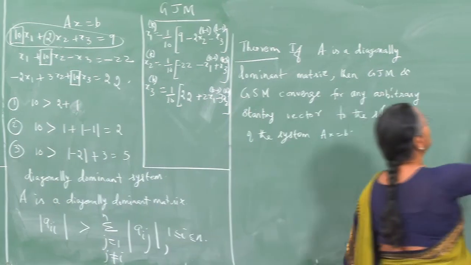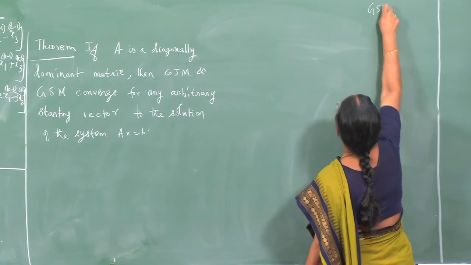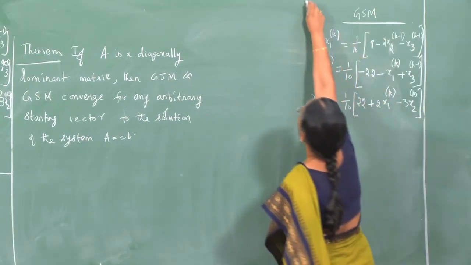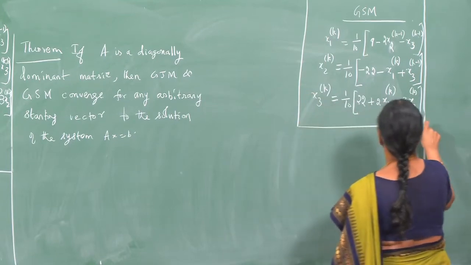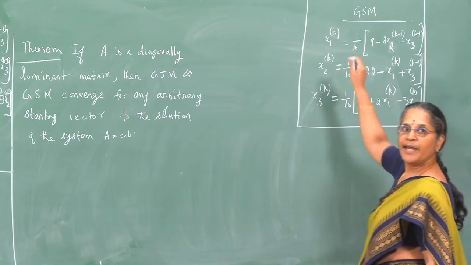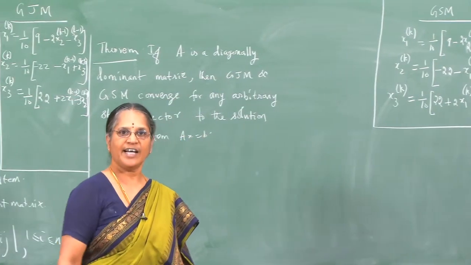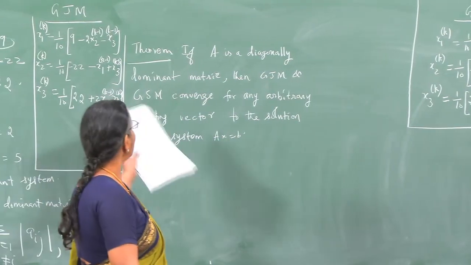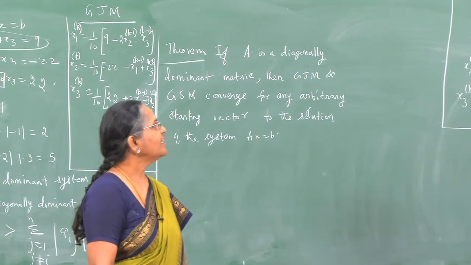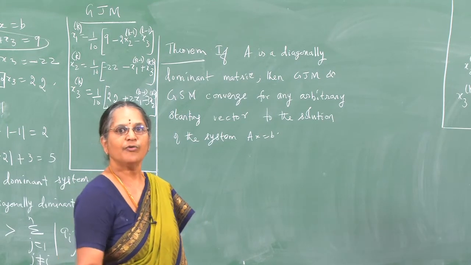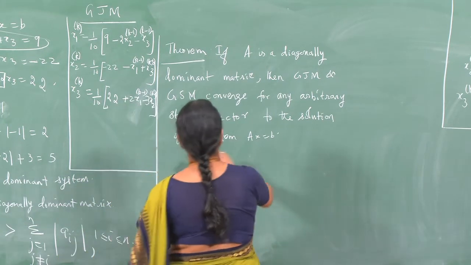What is it for Gauss-Seidel method? So, let us write out the details. This will be the iterative procedure that I will use when I make use of Gauss-Seidel method to generate the successive iterates. So, we shall present the solutions for both these methods and see how the solutions look like.